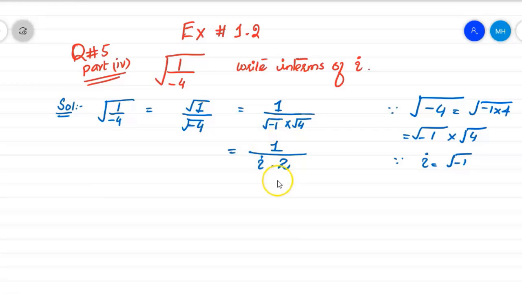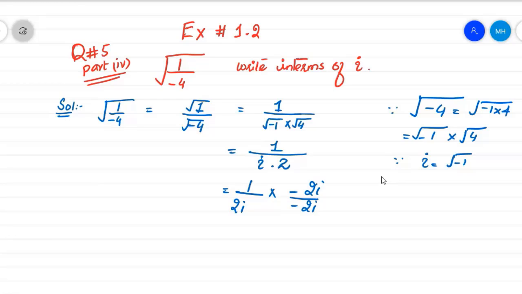Now, here comes the property of conjugate. Now you have to use the property of conjugate. What is the property? You have to take the reciprocal. So, whenever you take the reciprocal of any complex number, you have to multiply and divide with the conjugate of this number. So 1 divided by 2 iota multiplied with negative 2 iota divided by negative 2 iota.